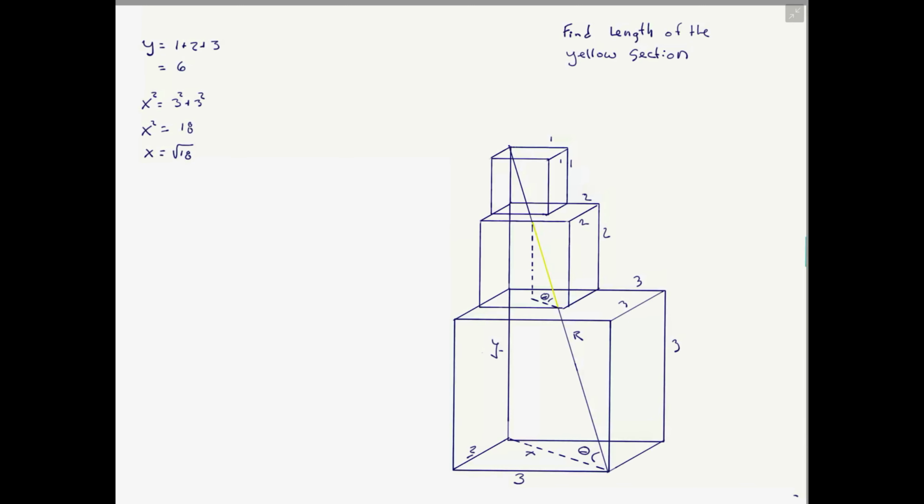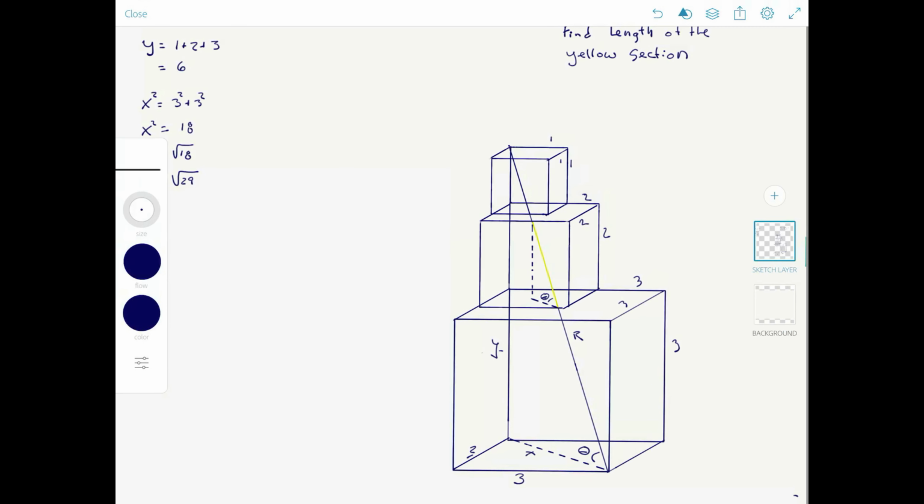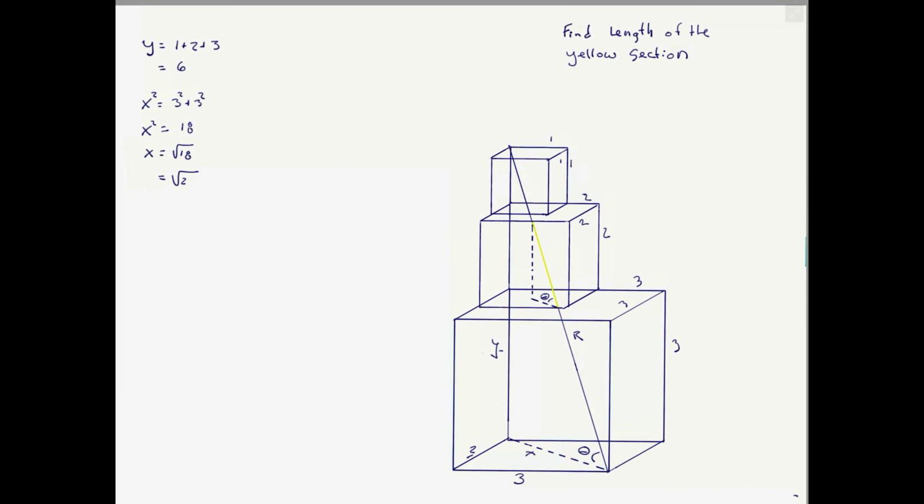Now x, we've got 3 there and 3 there. And we use the Pythagorean theorem to find x. So x squared equals 3 squared plus 3 squared. So x squared is 18, and x is the square root of 18.